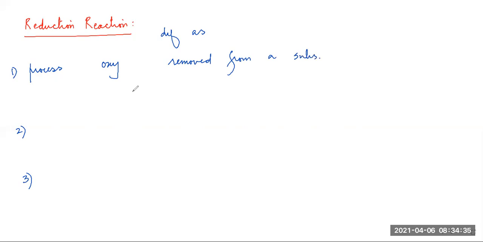For example, take the reaction of potassium chlorate, KClO3. Potassium chlorate is an ionic compound, right? Chlorate ion, potassium ion.